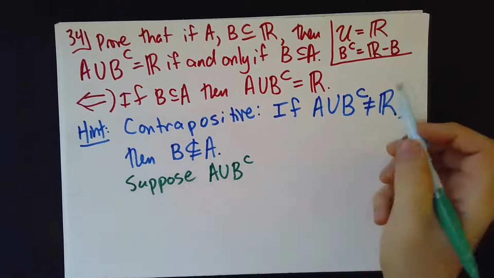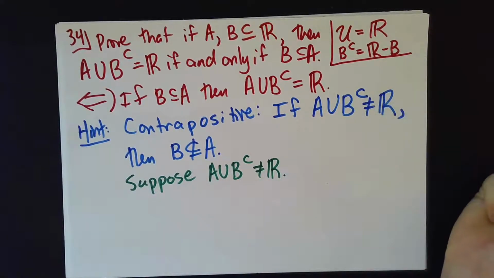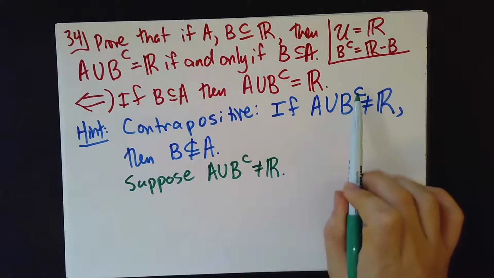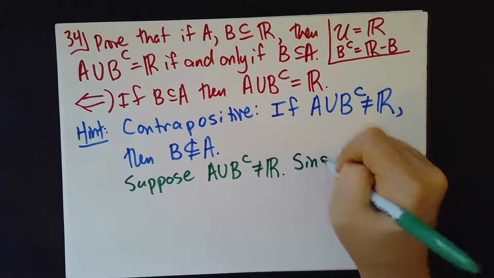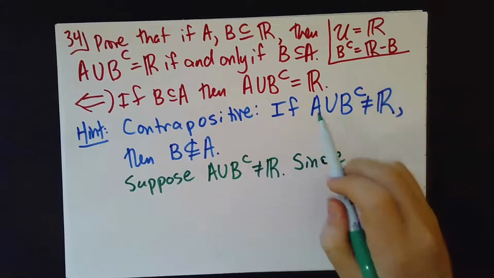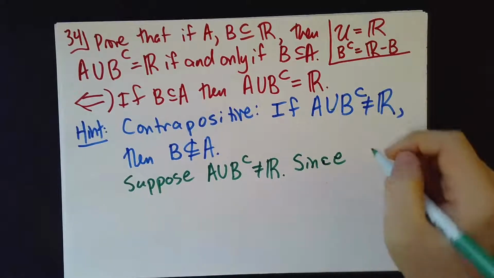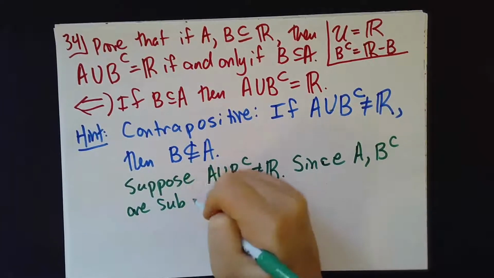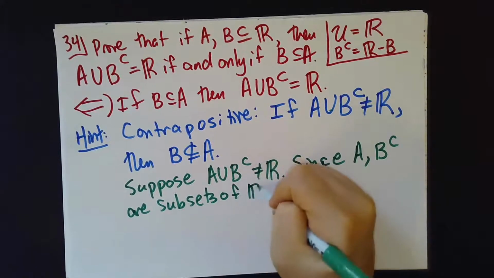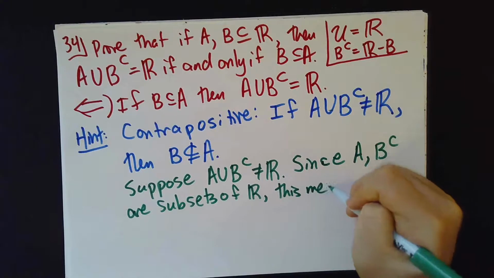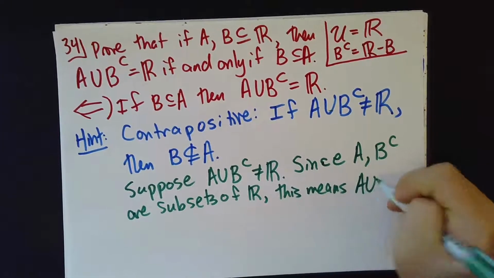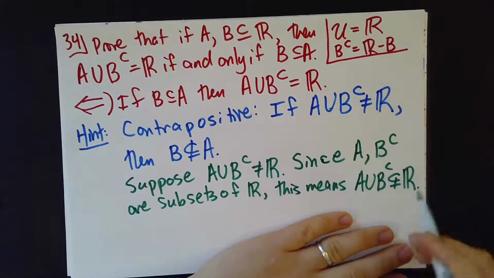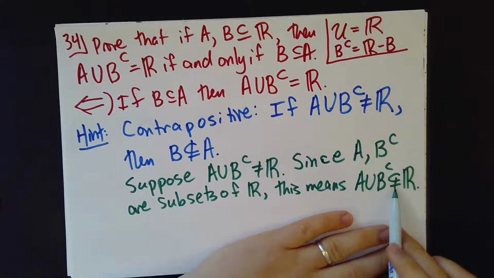Okay. So since A and B complement are subsets of R, this is really saying that A union B complement is a proper subset of R. Okay, where this is my proper subset symbol.